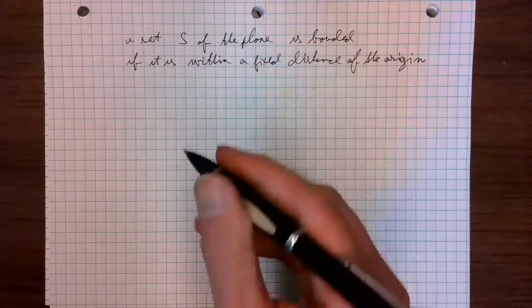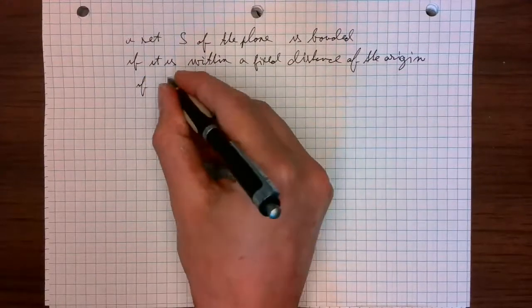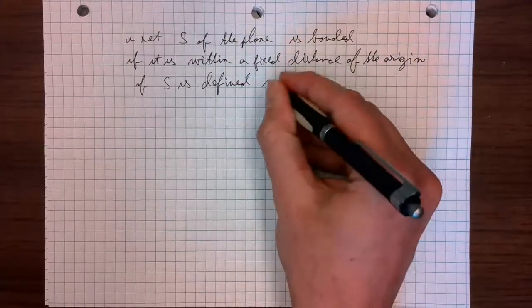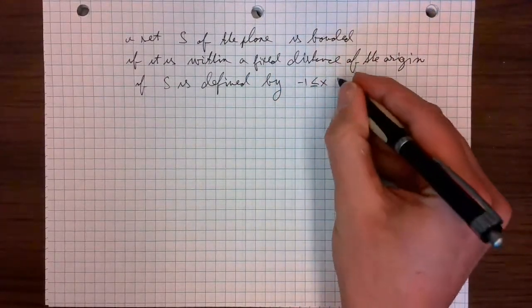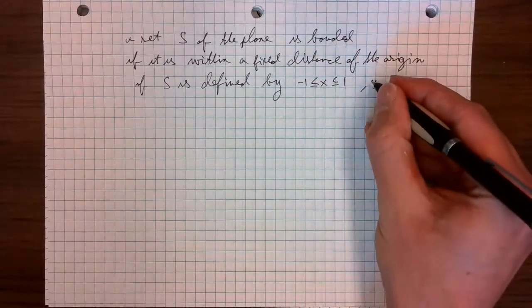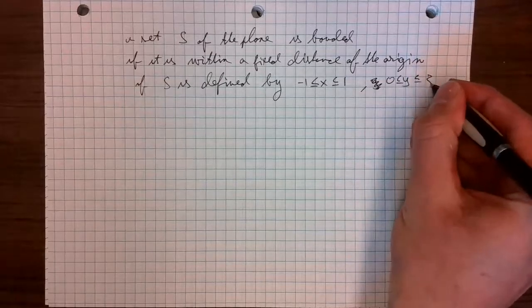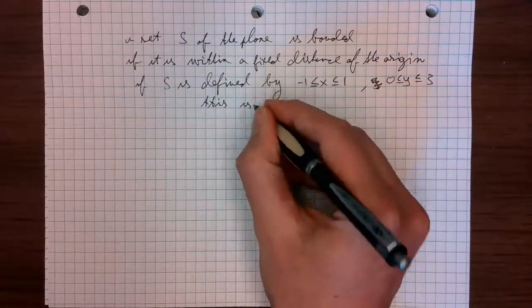So, for example, if S is defined by, let's say, x between -1 and 1, and y between 0 and 3, then this is bounded.